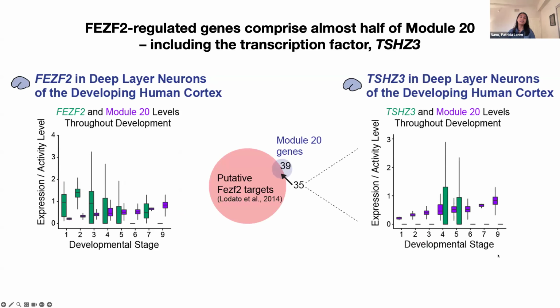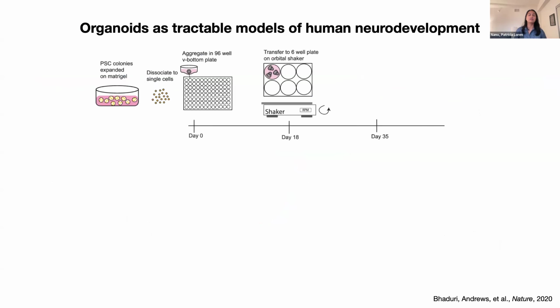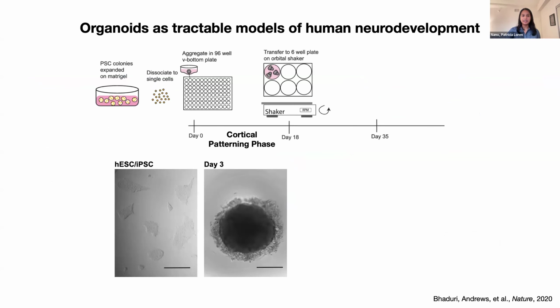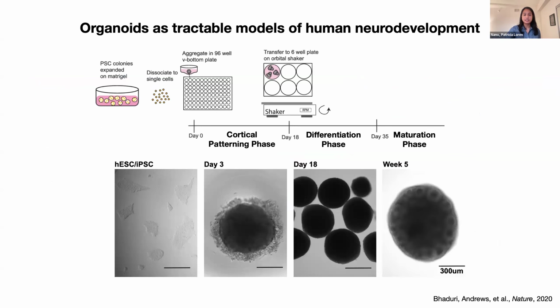And so if we wanted to ask, how do FESF2, TSHC3, and Module 20 drive the specification of deep layer fates in the human brain, we need to have a human experimental context. And this is that cortical organoid model that we alluded to earlier. As a review, for those who are unfamiliar, organoids are derived from stem cells, and then by pushing them through phases of cortical patterning, differentiation, and maturation, we can get these little spheres.